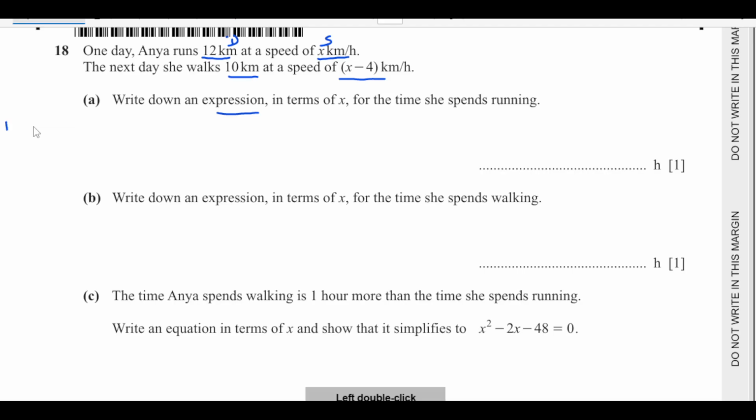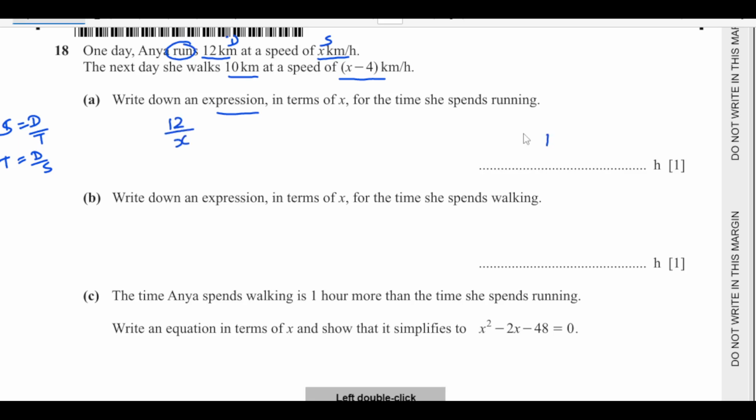Now we know that speed is equal to distance over time. We are looking for time. Time is distance over speed. So first, she runs. This is the running, so the expression for this is going to be 12, distance over speed x.